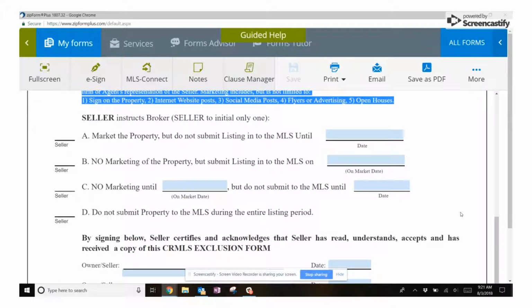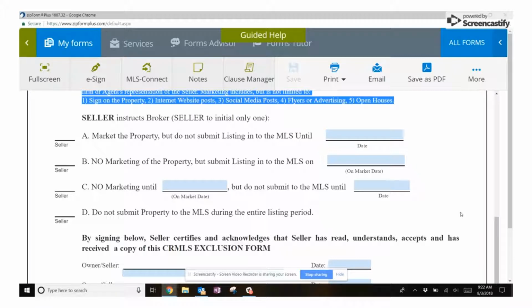Now on August 30th, when I input the listing into the MLS, I'm going to have 15 days on market based on the date that I am marketing the property of August 15th. Not on August 1st. So no marketing from August 1st to August 15th, but I am marketing from August 15th and beyond. So when I input that listing into the MLS on August 30th, I've got 15 days on market based on my August 15th date.